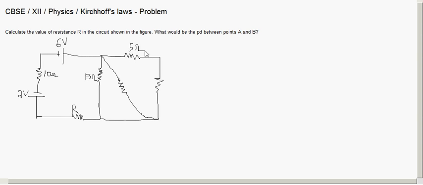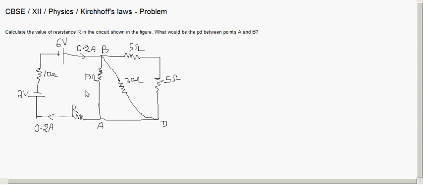Five ohm, 30 ohm, and this is 0.2 amps. Here also the current is 0.2 amps.